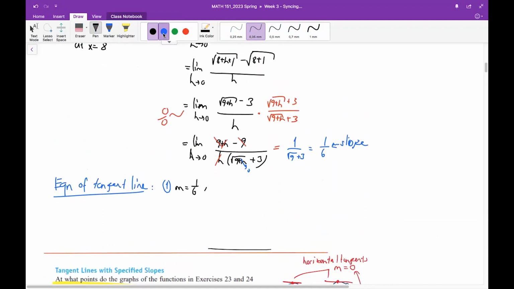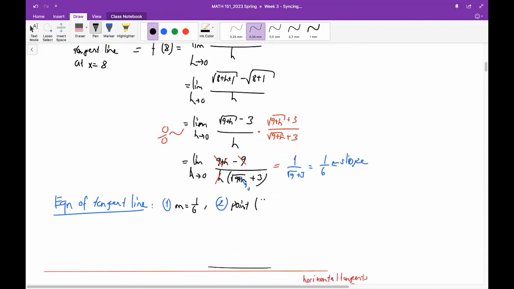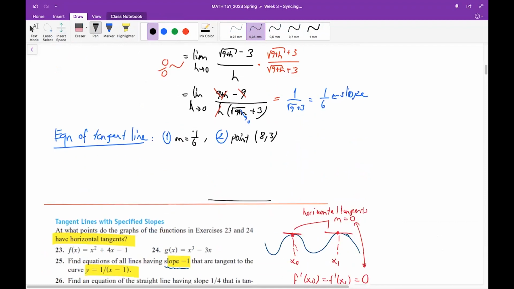Second, you also need to know the point, okay? Point. What is the point? As it is given here in the statement, 8, 3. Okay, then by using these ingredients, you can construct the equation of the tangent line like this: y minus y0 equals slope times x minus x0.